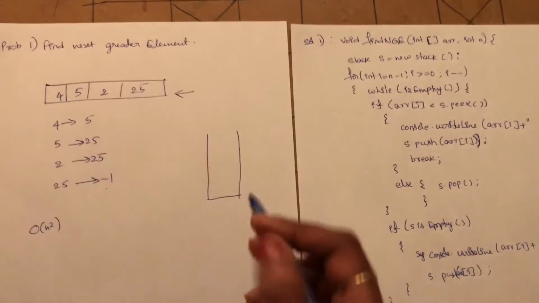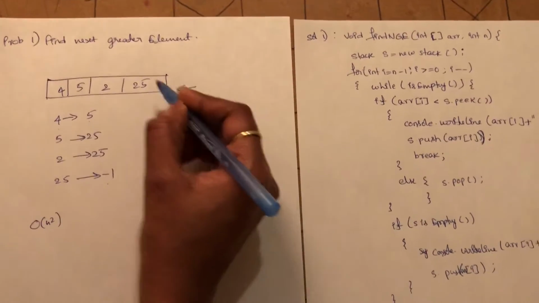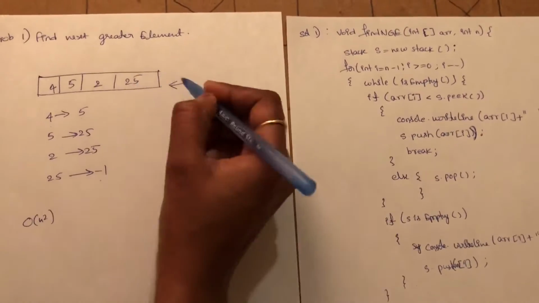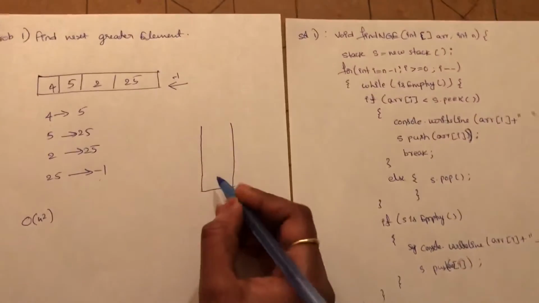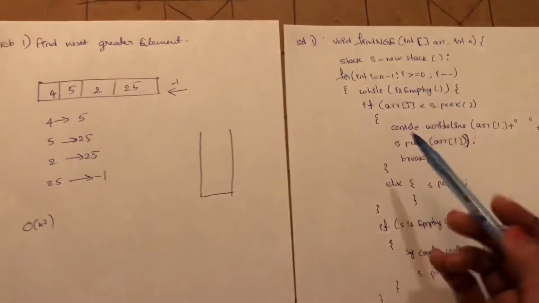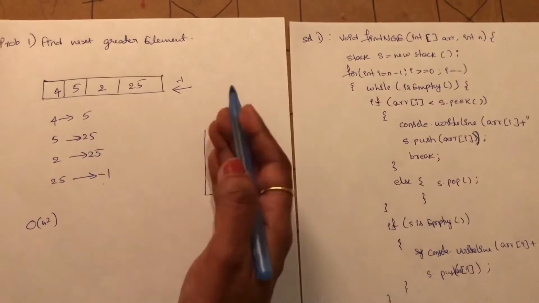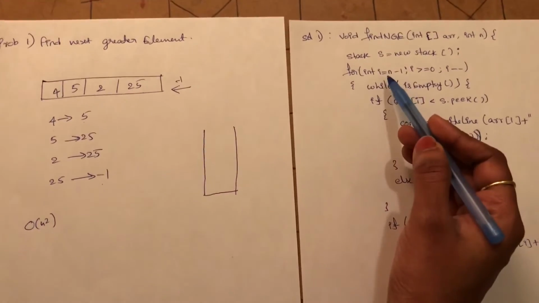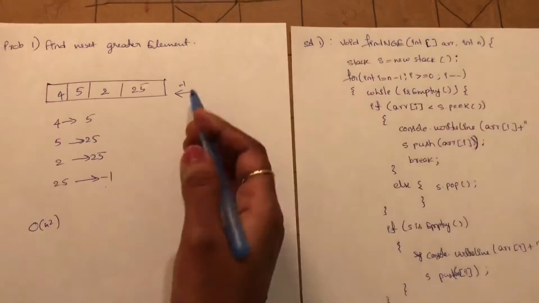If we see here, by default for 25, -1 is the greater element. Here if we take 25, first what we do is, we take one stack, and we're coming from right to left. We take the iteration i as n minus 1.